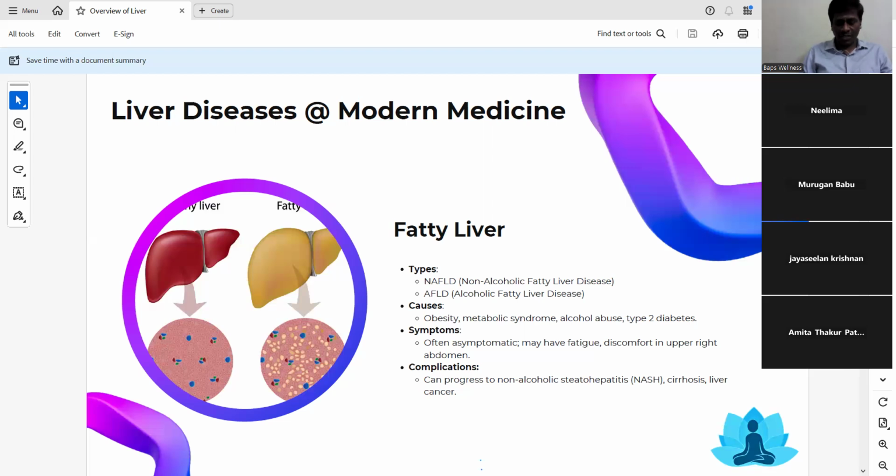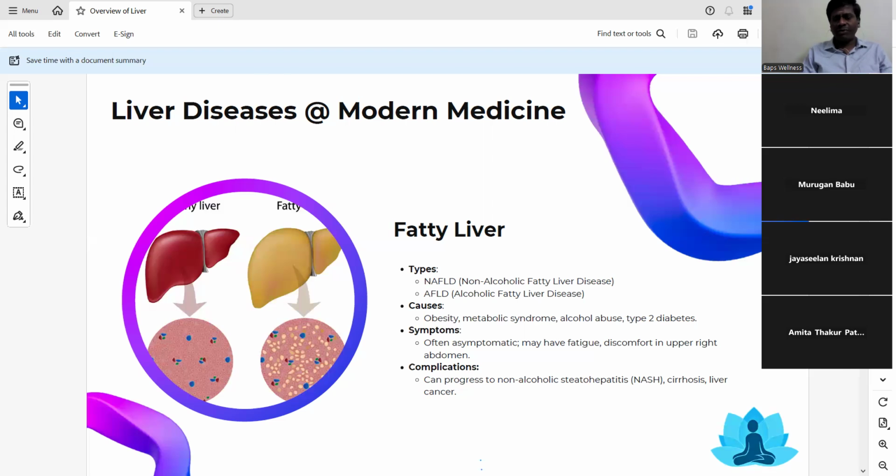That is the major symptom one can suspect. Then abdominal pain, especially on the right-hand side, then nausea. And in severe cases where hepatitis or cirrhosis is there, jaundice and hepatomegaly, an enlarged liver, will be there.